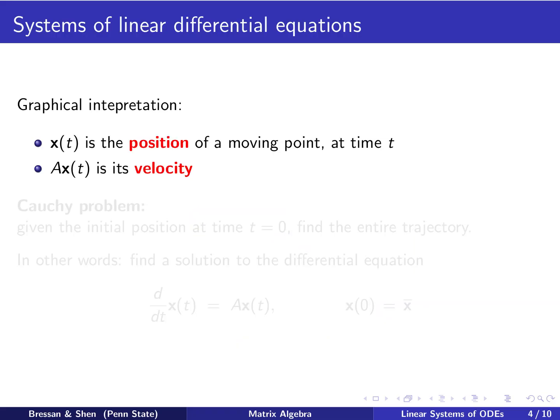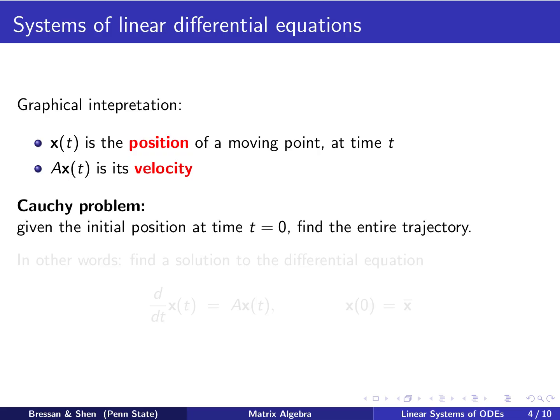Now let's talk about systems of linear differential equations. We can interpret the differential equation graphically as follows. x(t) is the position of some point which moves in time, and this is its position at time t. Then A times x(t) would be the velocity, how fast and in which direction that point is moving.